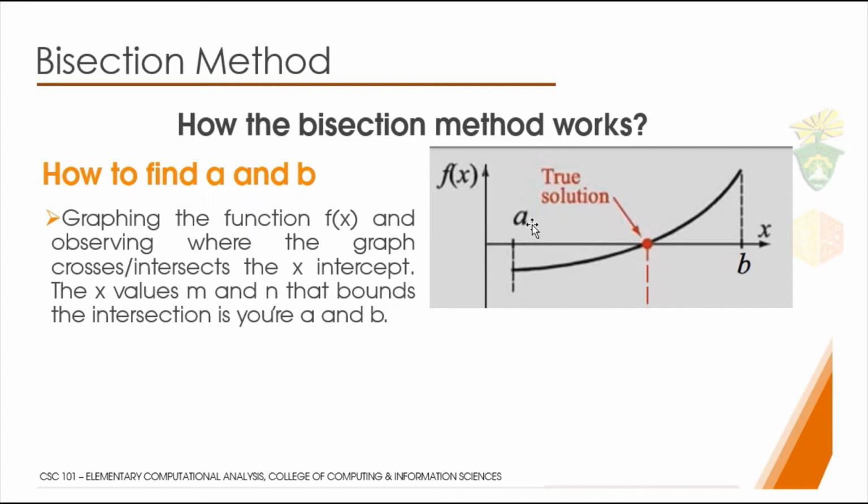If we create a graph and determine a value of a and b, we make sure that the intersection of that graph with the x-axis, the true solution, is within this interval.